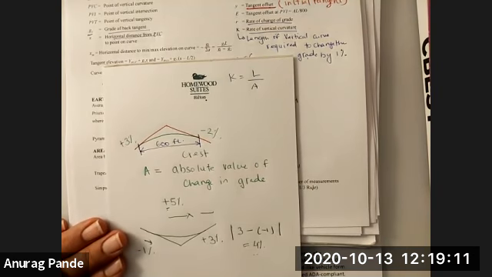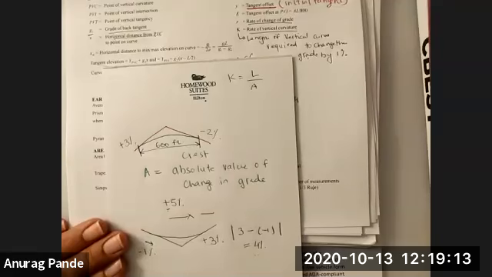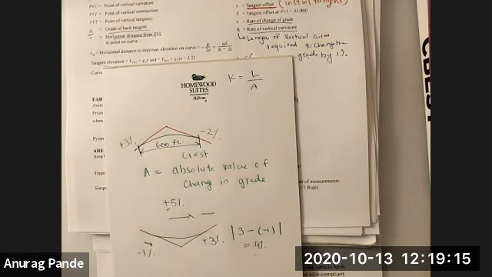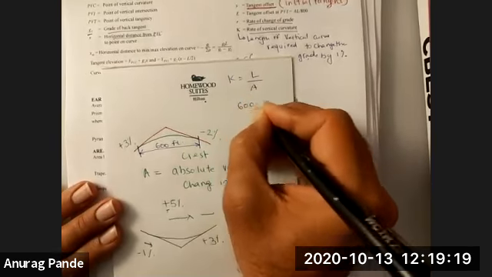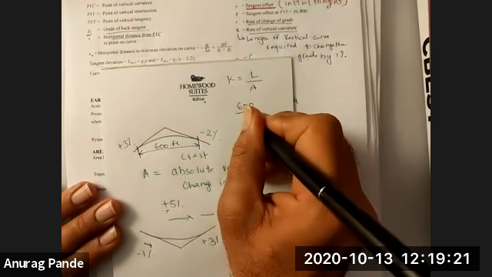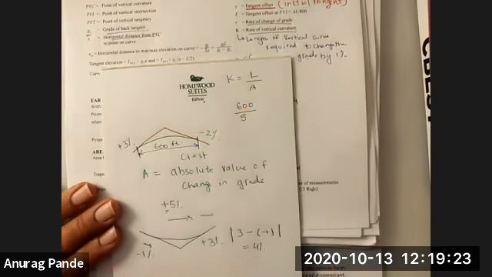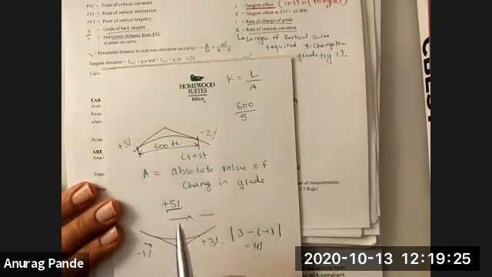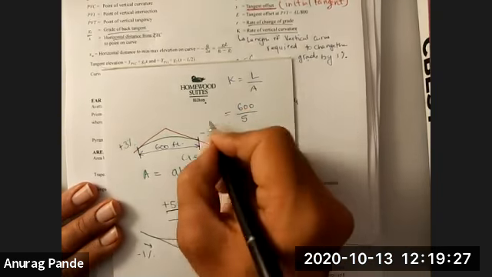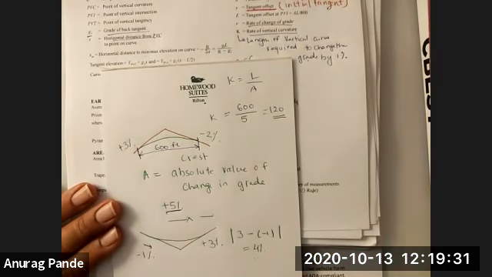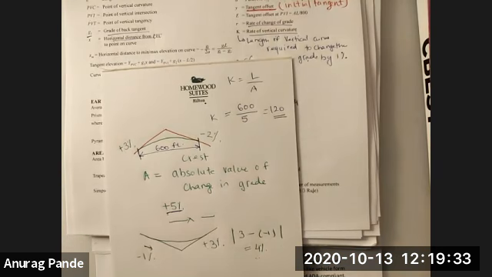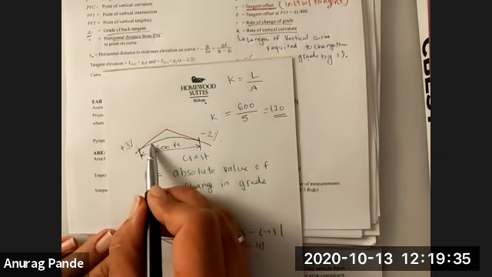To figure out the length of curve required to change the grade by just 1%, you get 600 divided by 5, because remember, the A value was 5%. Your value will be 120. That means if you go 120 feet on this curve, you change the grade by 1%.